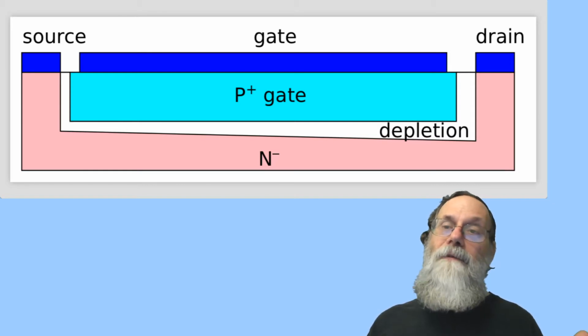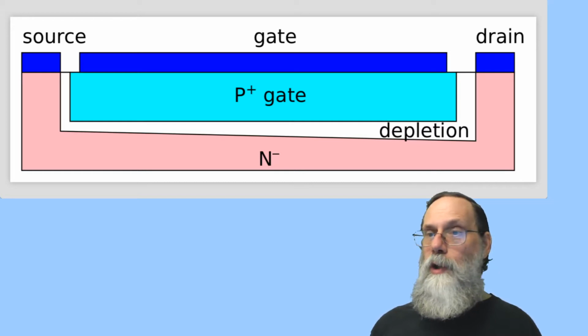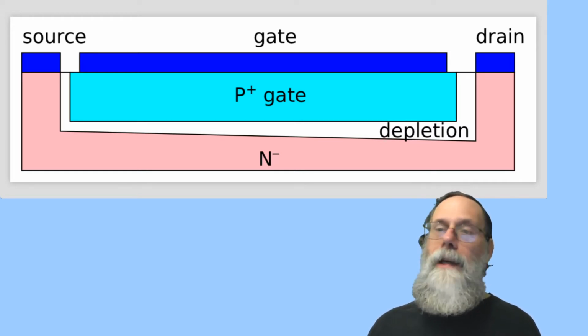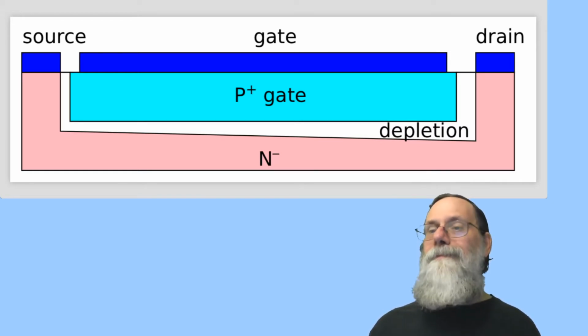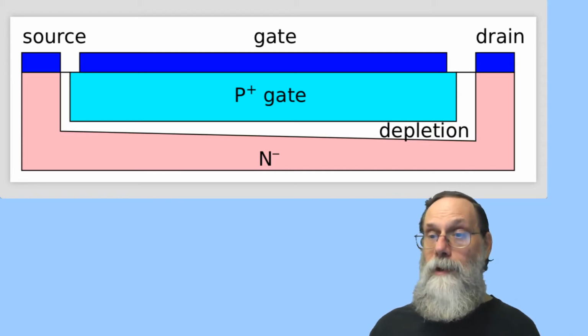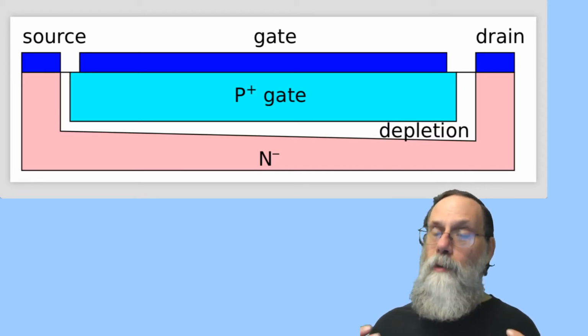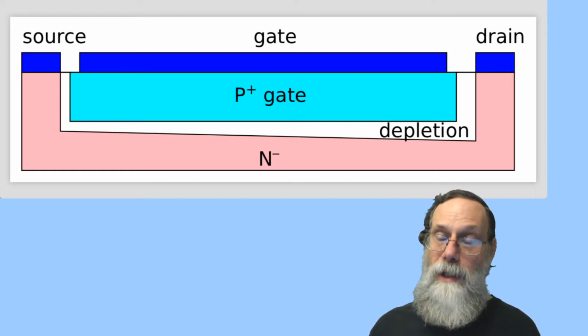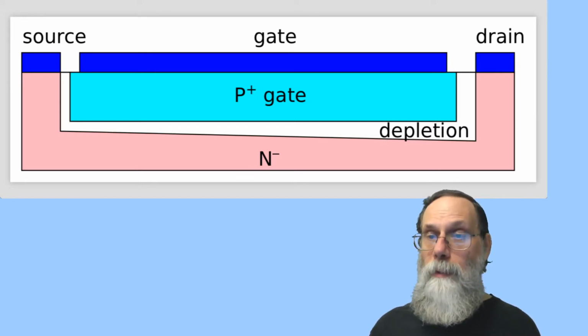If we take the gate very negative, we pinch off the source and drain and just turn off the transistor entirely. Now, JFETs do sometimes get used near that pinch-off voltage, and so that voltage is reported on the data sheets. But the way we're going to be using it, we're not going to be doing that.